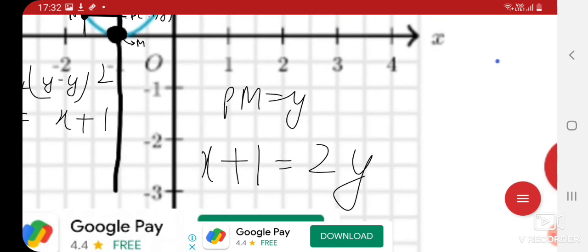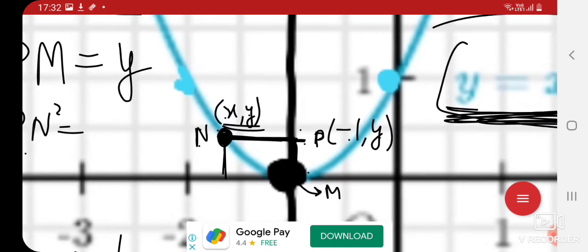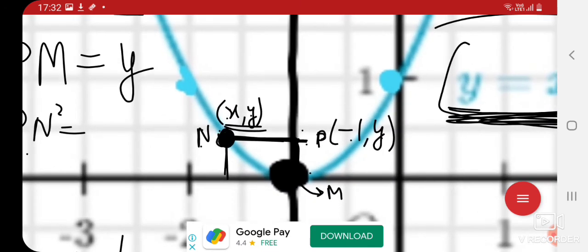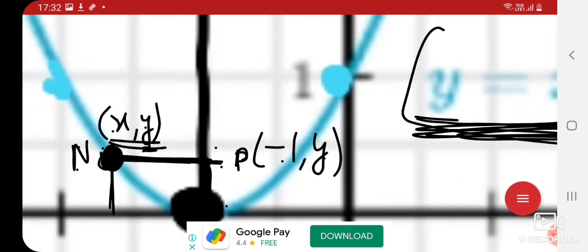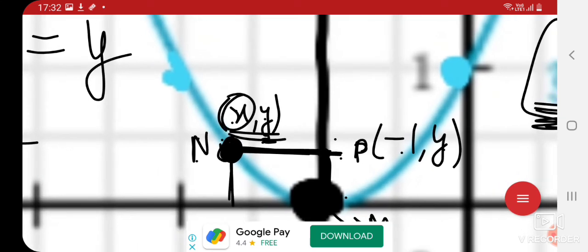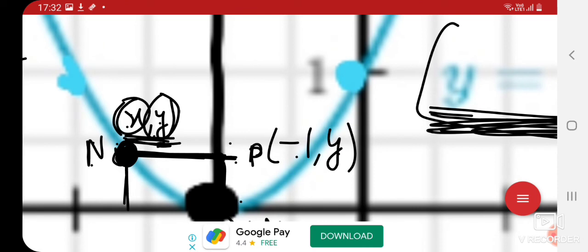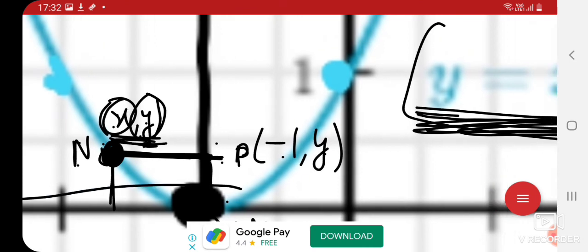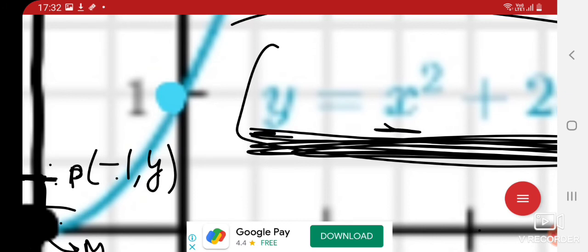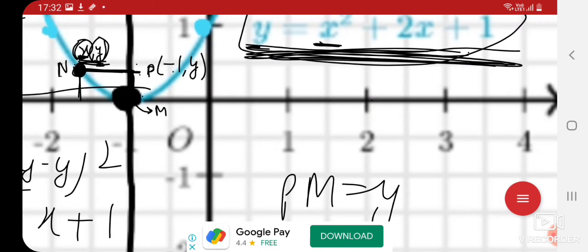Why am I taking this value of y here? Because I know that this point lies here and has the value y, and this y is taken from this equation, right? And this x and this y both will satisfy it. When you put the value of y here, you will get the value of x, which will be the same as the x you are obtaining here, right?